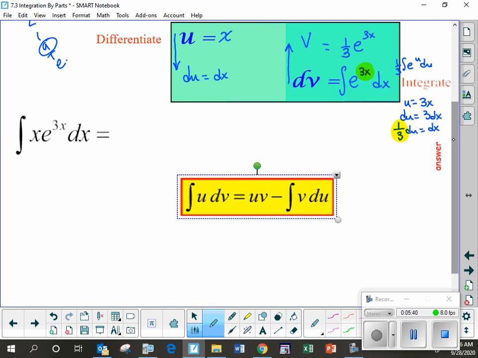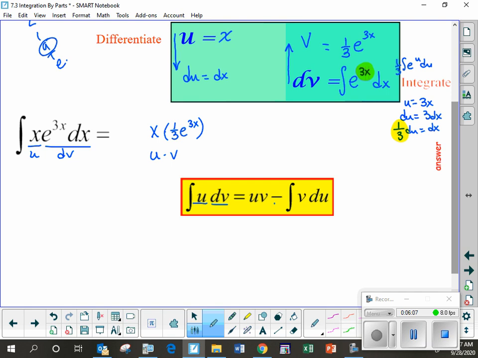I'm going to set this up so that I have the integral, that this is my u and this is my dv. My u, my dv. Turns out that that'll be u times v, and my u was x. My dv, I'm sorry, my v was 1/3 e to the 3x.